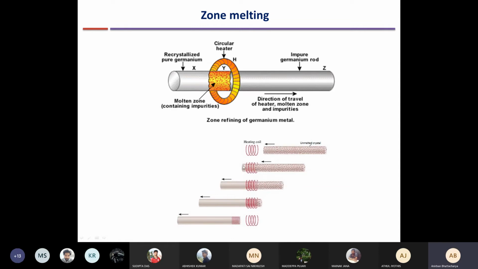So the new solid has much less impurity as compared to the original, and all these impurities get accumulated in the liquid.